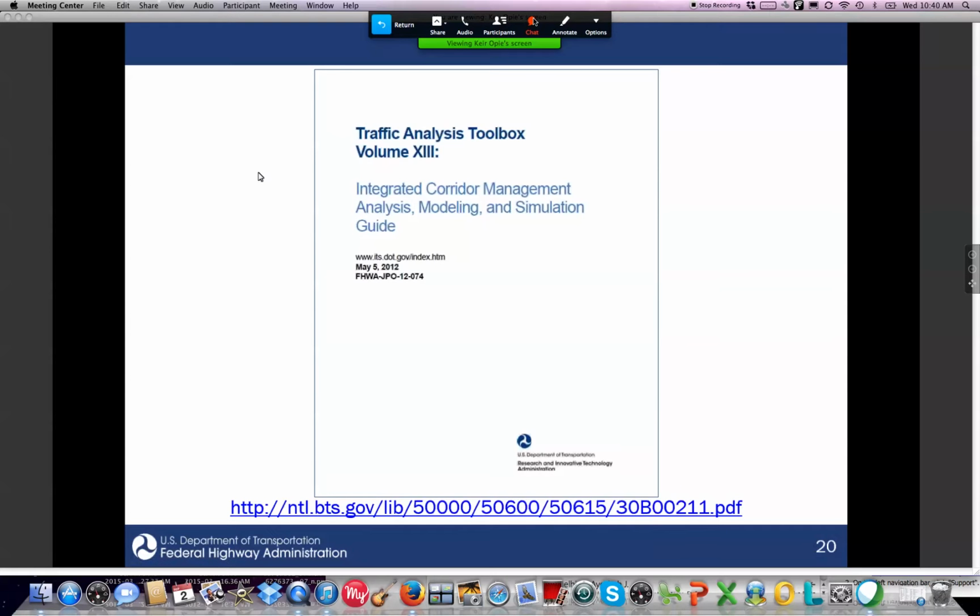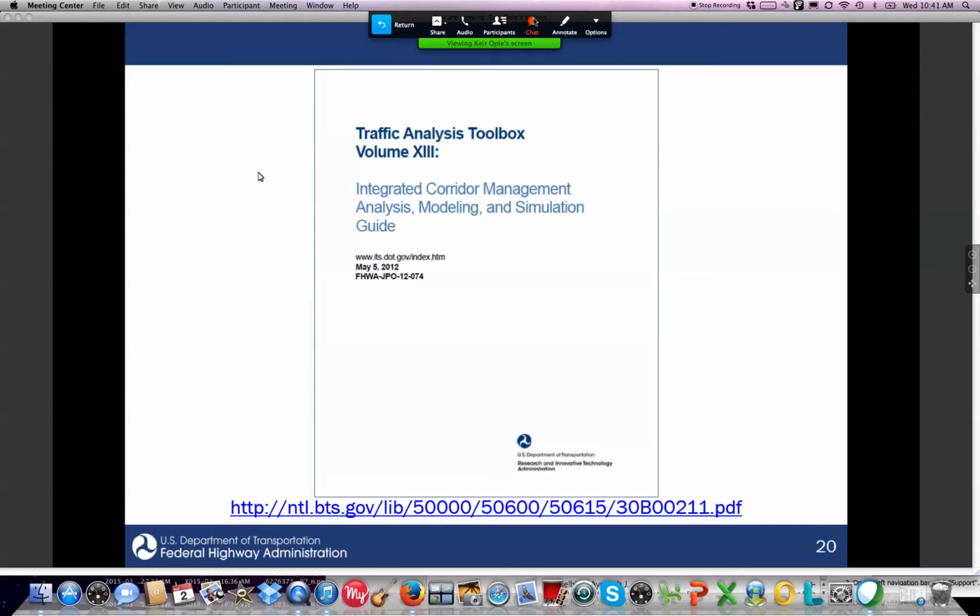So one of the products that's out there, and the rest of this presentation is sort of a review of some of the contents of this, is the ICM AMS guide that was developed a couple of years ago. This was really driven by the lessons learned and the experiences that were gained through the 3 AMS sites in Minneapolis, Dallas, and San Diego.